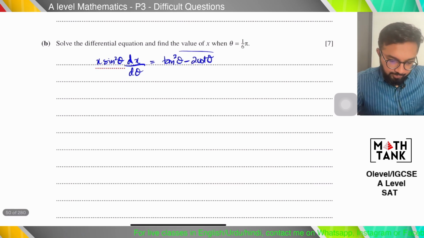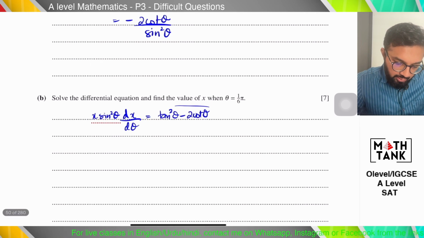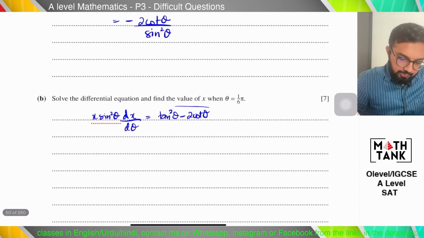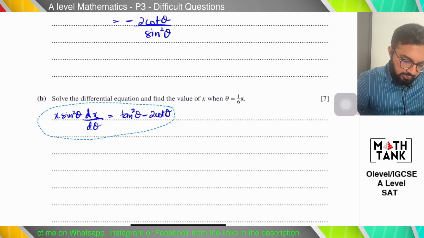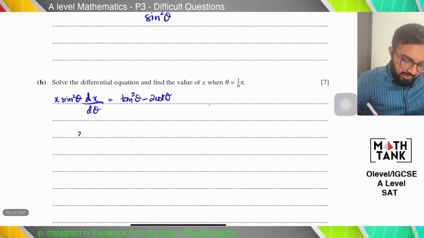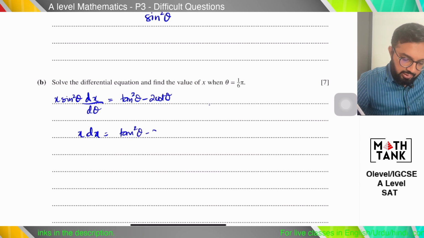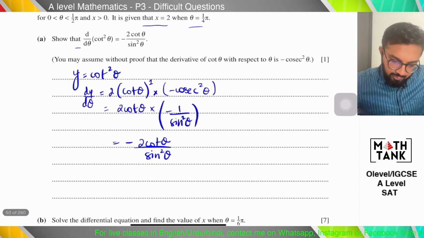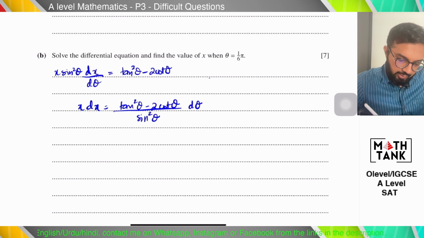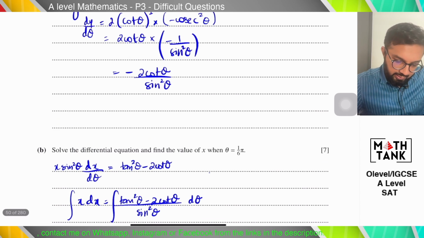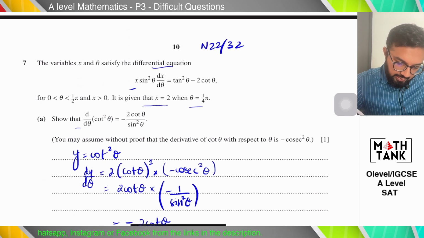So I have x dx equals tan square theta minus 2 cot theta over sine square theta, and I have d theta here. Integrating both sides, I think that's the only x that I have.